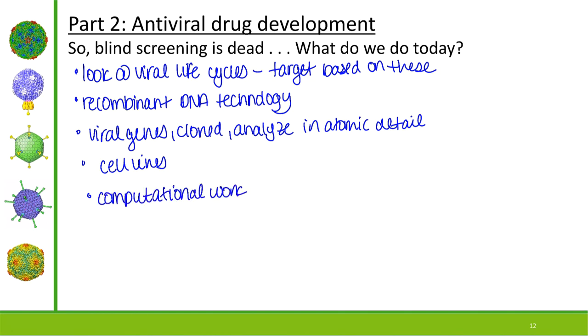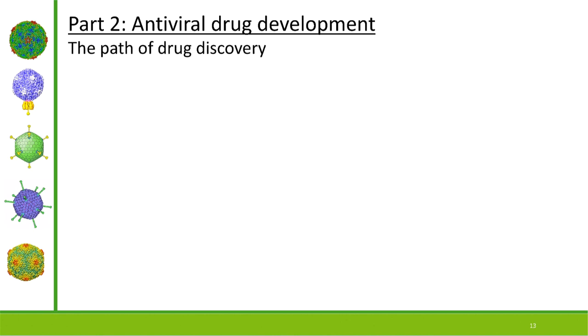All right, so kind of moving forward in terms of the path of discovery. As you will see, this takes a really long time, but we're going to talk about the general path of discovery and what has to happen. So the first thing that we have to ask ourselves is, is there a medical need?